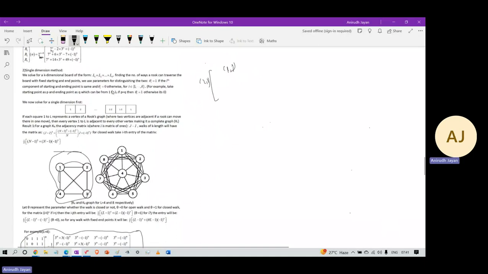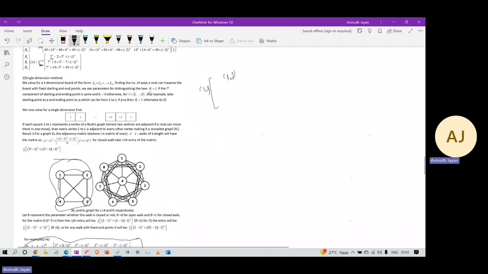Now, let us introduce a parameter called theta. We will say that theta is 1 if it's a closed walk, and theta is 0 if it's not a closed walk.